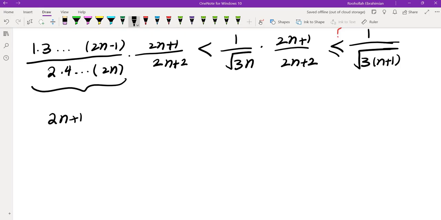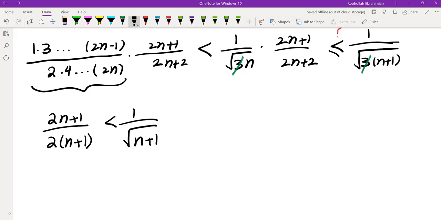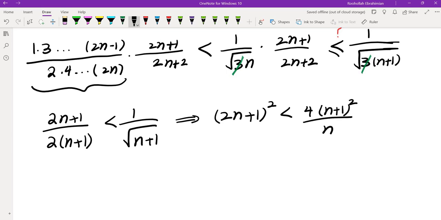So we get (2n plus 1) over, we can factor root 3 and cancel root 3 from both sides. We can factor a 2 from the bottom, and we get 1 over root (n plus 1). Now we can square both sides, so we get (2n plus 1) squared is less than 4 times (n plus 1) squared over (n plus 1).